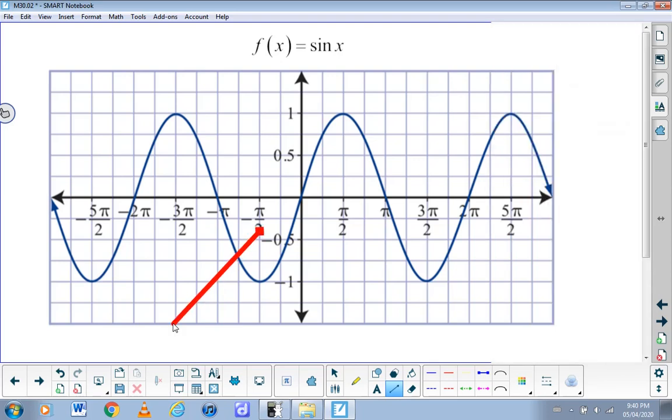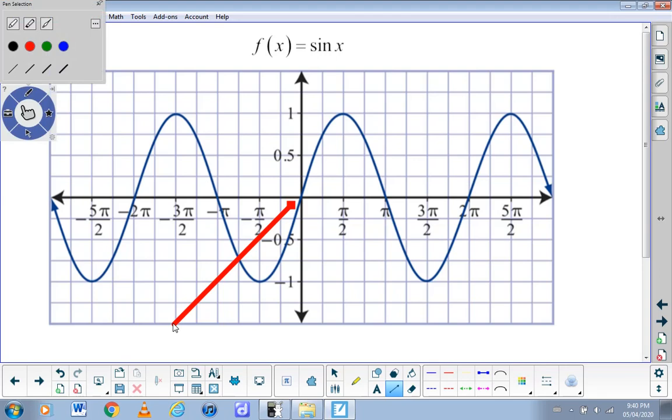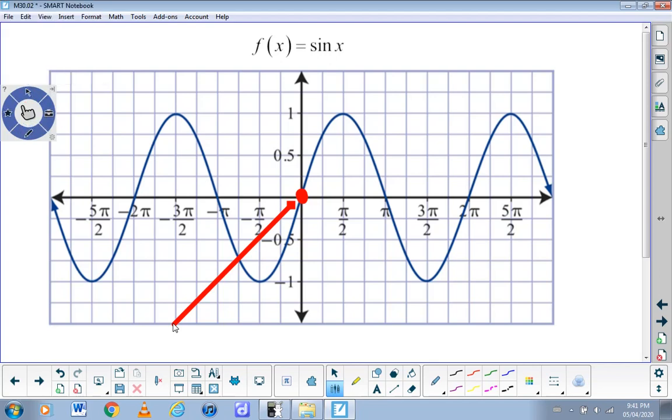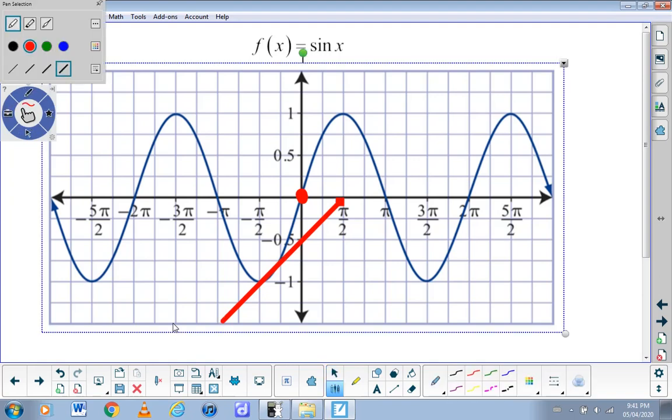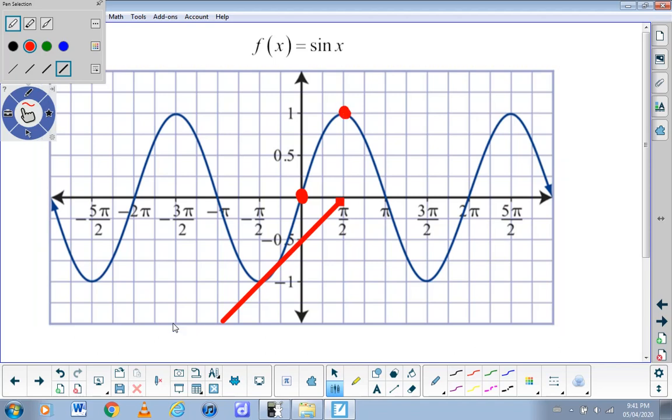So if you took an x coordinate of 0, which is what I'm pointing at, and took the sine of 0, you would discover that you would get 0 for a y coordinate. If, on the other hand, you went over here and talked about pi over 2 for an x coordinate, and you took the sine of pi over 2, you would discover that sine of pi over 2 equals 1.